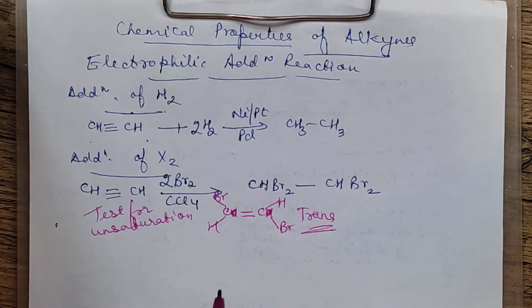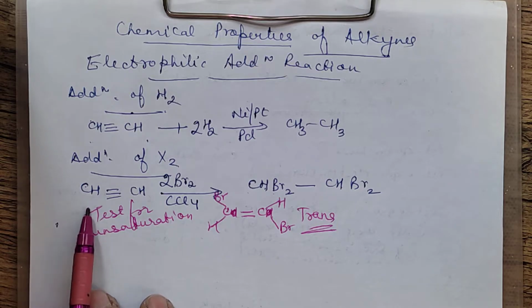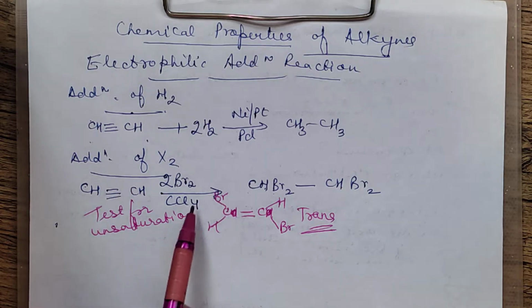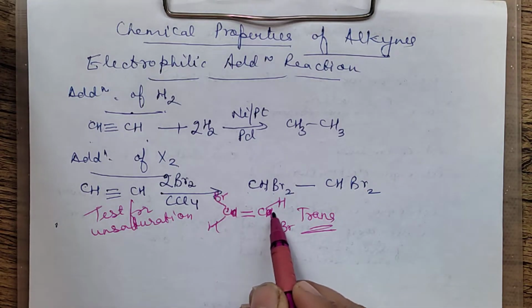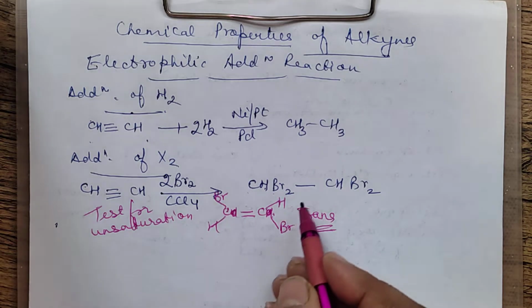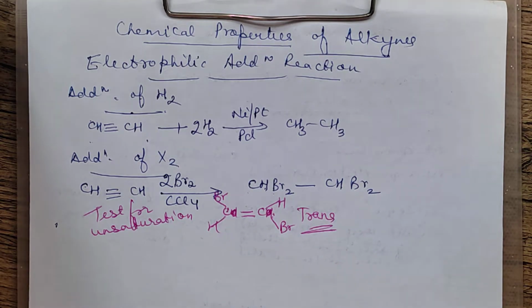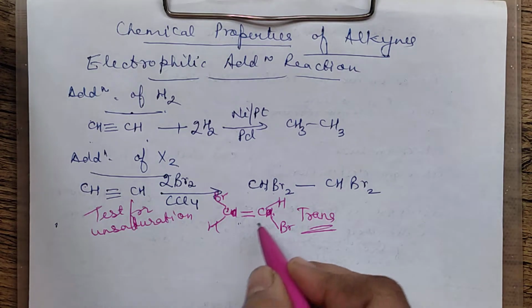That is the difference alkynes have. When one bromine adds on to ethyne, you will get a trans product, meaning one bromine on this side, another bromine on the other side. The name is 1,2-dibromoethene.